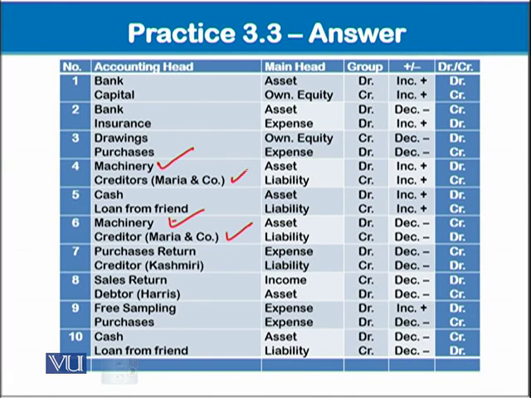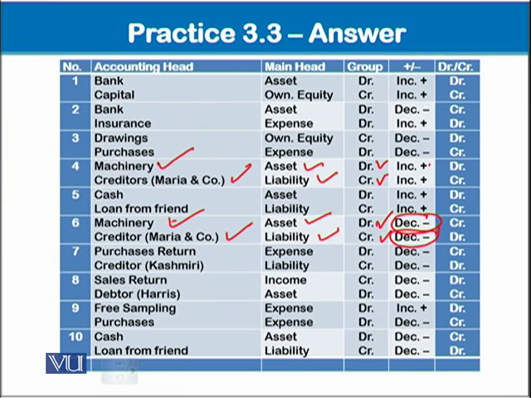You see, machinery and creditors. Their main heads would also be the same. Group is also the same. But now, since we are returning machine asset is decreasing, and we are also reducing our liability because we don't need to make payment to Maria and Company in future now.